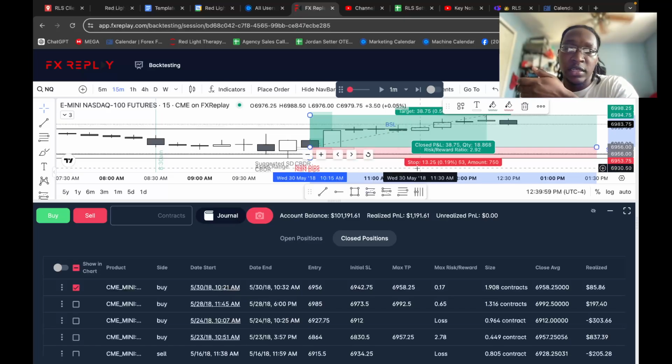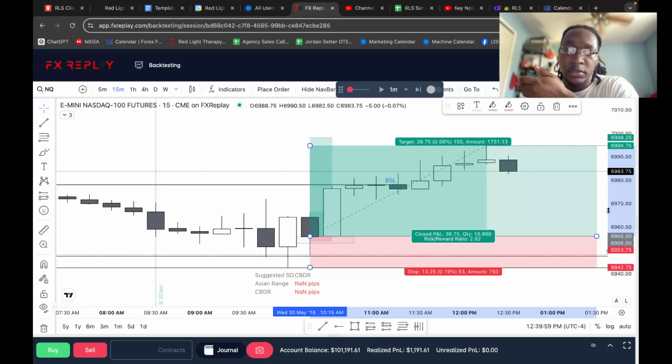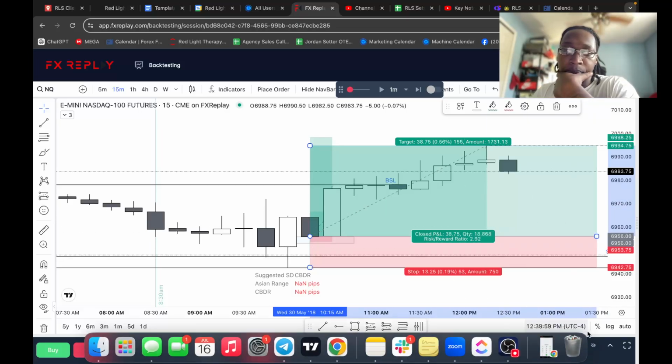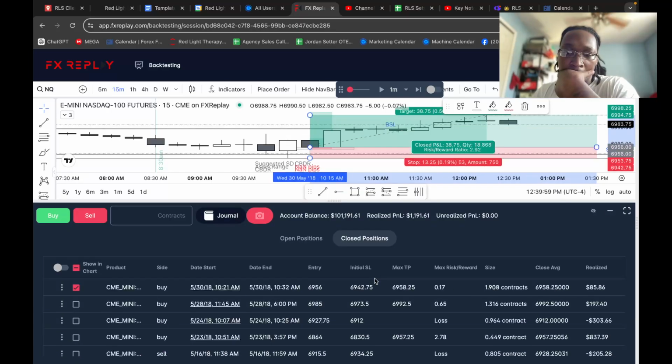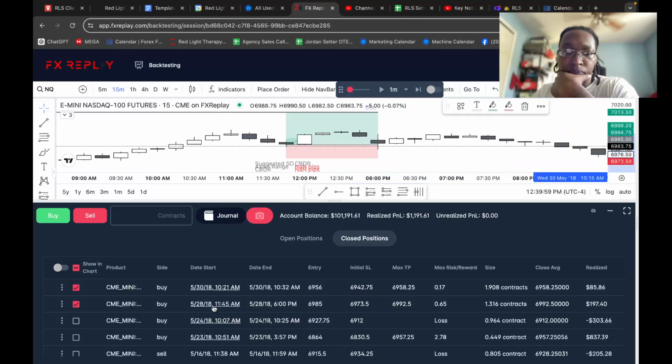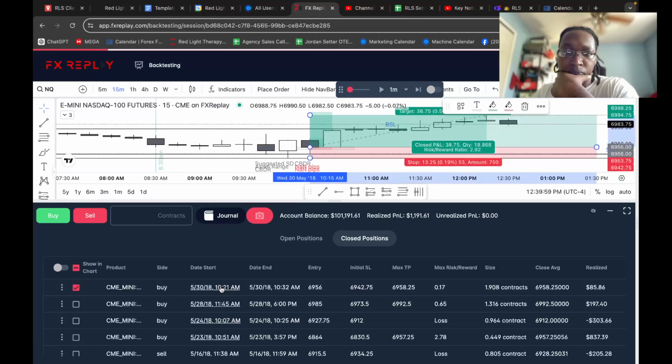If this is the trade, why is it saying that realized is only $85? I don't get it. Entry at 6956.